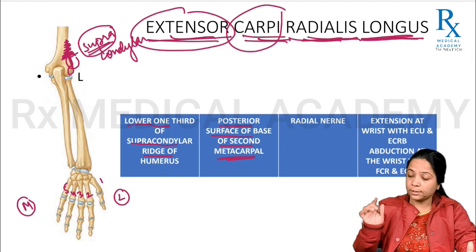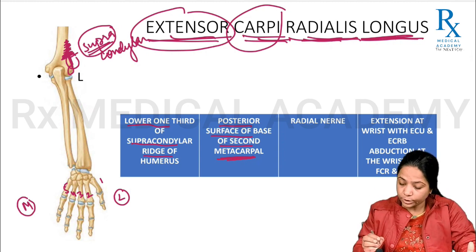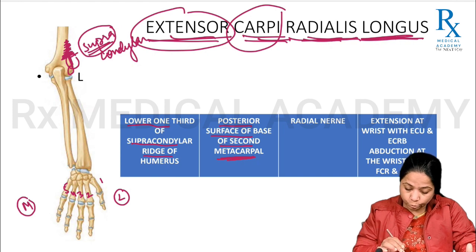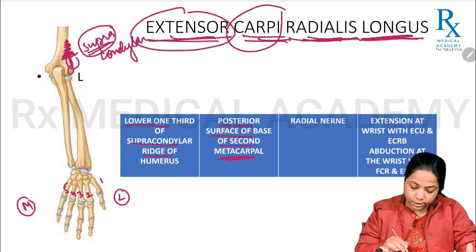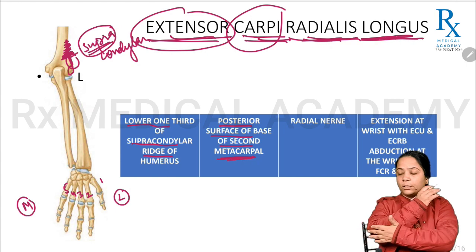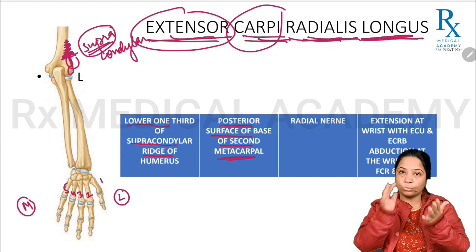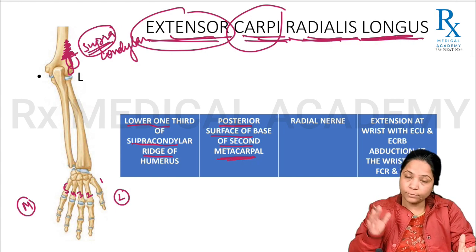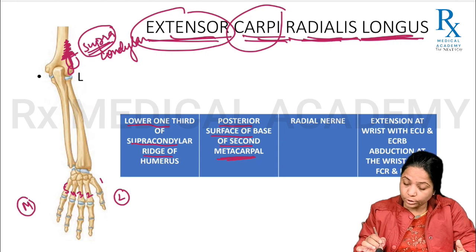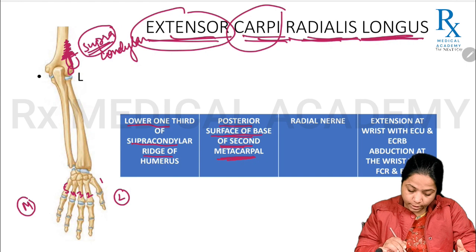So this extensor carpi radialis longus is going to insert onto the posterior, the dorsal aspect. We are viewing the bone part of the upper limb from the posterior aspect. So it is going to insert onto the posterior surface or base of the second metacarpal.